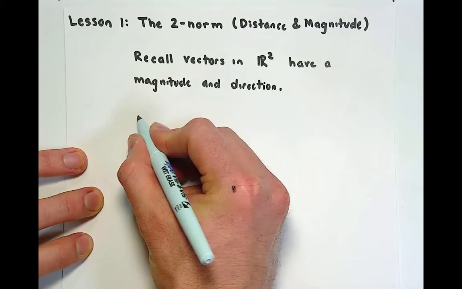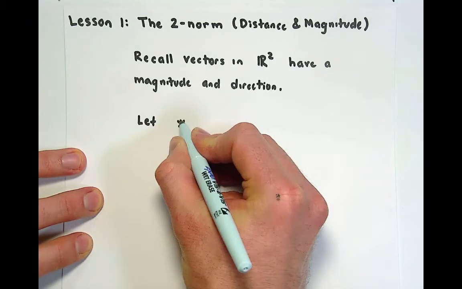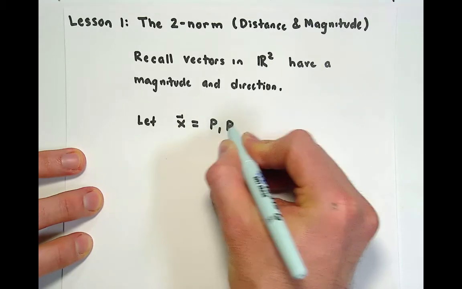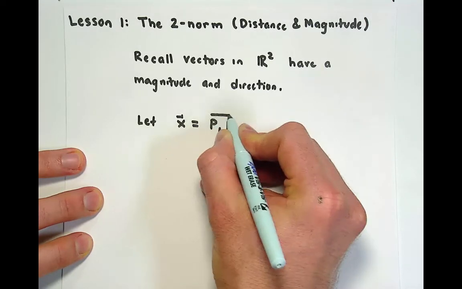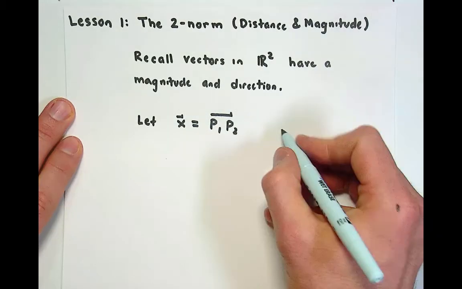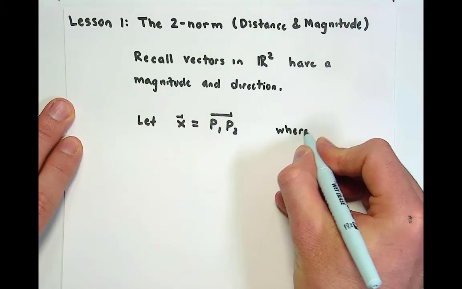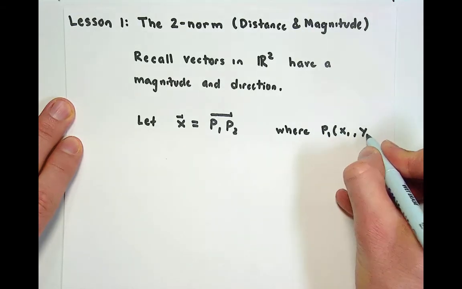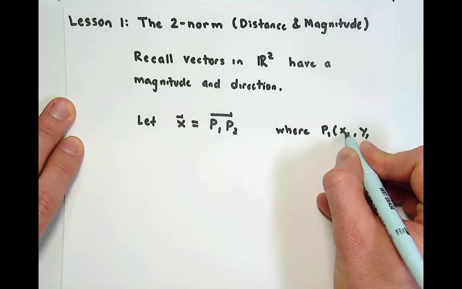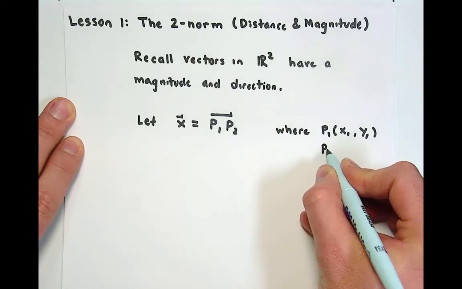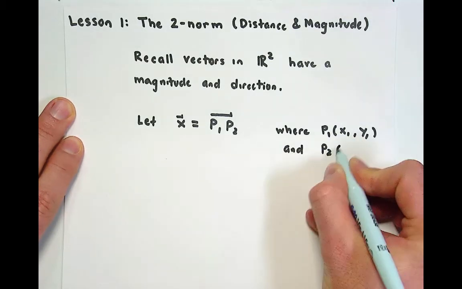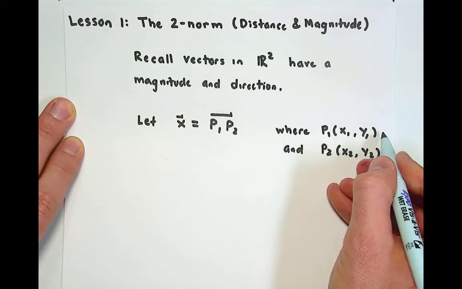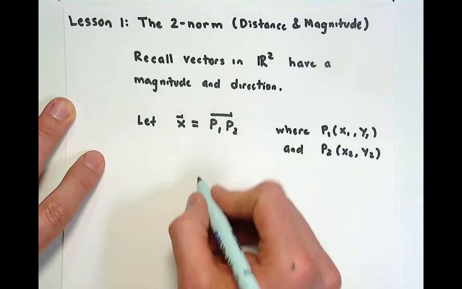So let's talk about a vector x which connects points P1 and P2. And we'll assume that we have the same notation we used in a previous video, that P1 is given by coordinates x1, y1, and P2 is given by coordinates x2, y2. You can tell these are points because we use parentheses and not vectors.